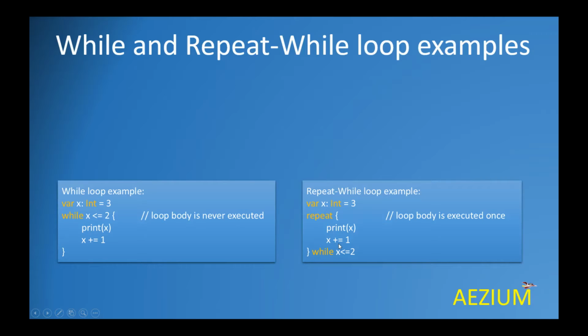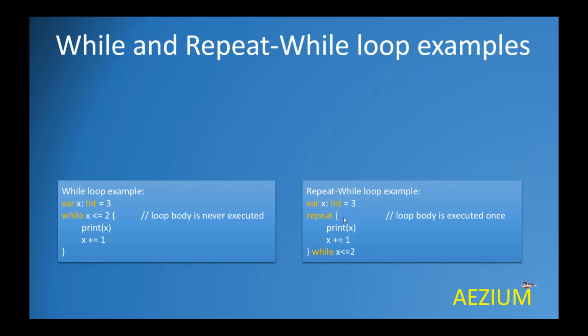When x is incremented by 1, x will become equal to 4, and when the condition is checked, the condition is no longer true and we jump out of the loop. But here, because the condition was checked at the end of the pass rather than at the beginning, the loop body was executed once, even though the loop condition was false even at the beginning of the loop.